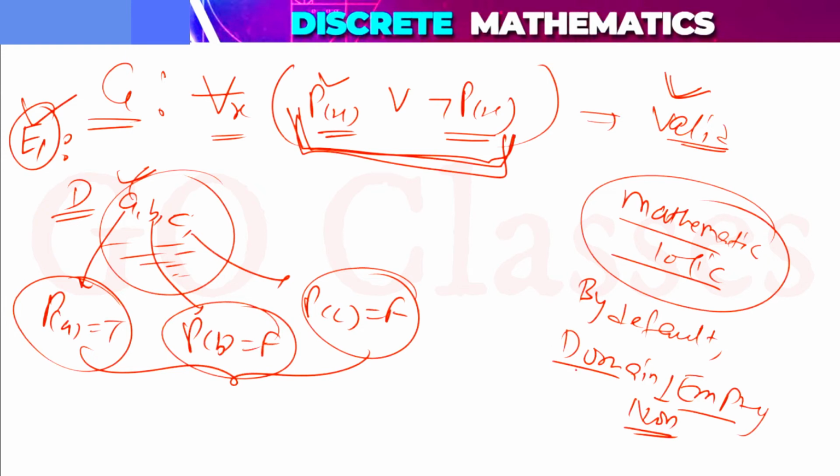You cannot take an empty domain. If they explicitly mention in the question that you can take an empty domain, then you need to take an empty domain; otherwise the domain is always non-empty. So whatever environment you take must be non-empty, basically there must be at least one element in this domain. Now you can very easily see this G is always true, so hence I can say G is valid.